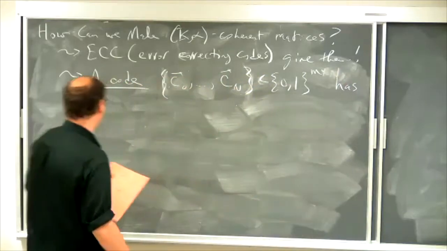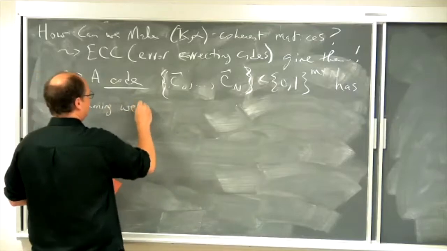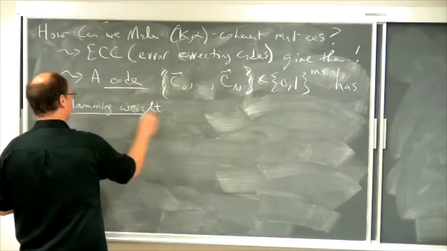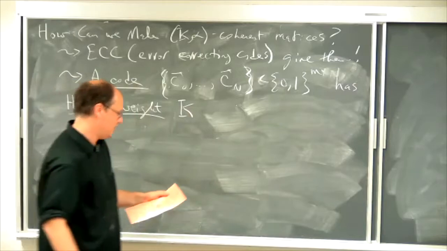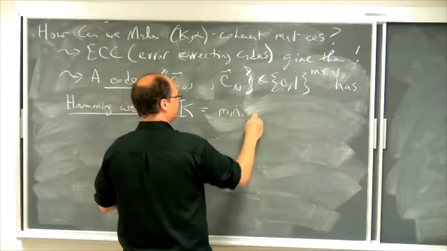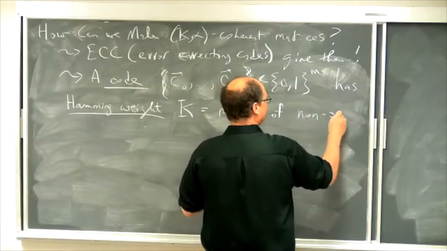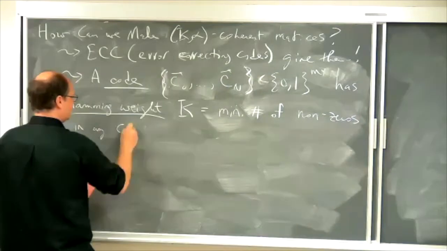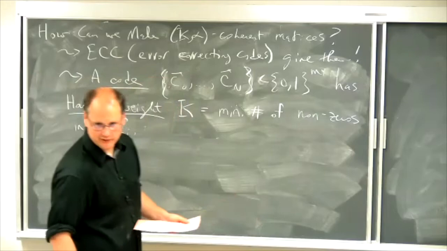So it has Hamming weight, in the setting where they're over the alphabet 0, 1, and I'm going to call it K for reasons that will become obvious now. This is going to be equal to the minimum number of non-zeros in a codeword, in other words, a number of ones. That's what the Hamming weight's going to be.